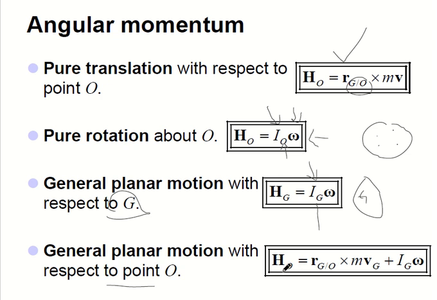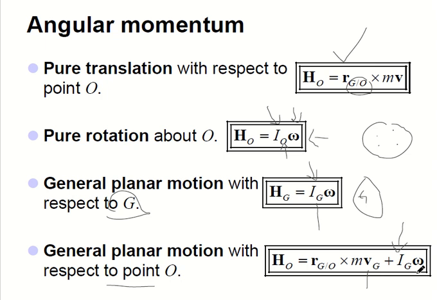Your angular momentum is equal to r, the reference point from G to O, times mvG, this is the velocity at the mass center, plus your mass inertia at center G times angular velocity.